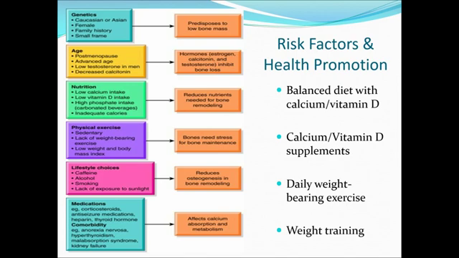Lifestyle choices such as intake of caffeine, alcohol, smoking, also lack of exposure to sunlight. Vitamin D, one of our sources is the sun, so we do want to have some sun exposure, but also using appropriate sunscreen to protect our skin.